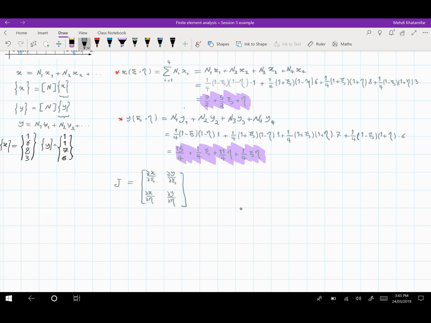We need to find the derivative of x over psi, x over eta, y over psi, and y over eta. Let's find them here. So the derivative of x over psi, using this purple formula, is going to be just 5 over 2, the coefficient of psi.